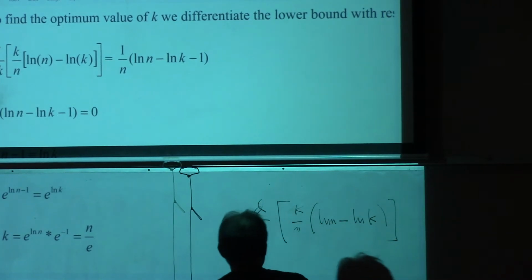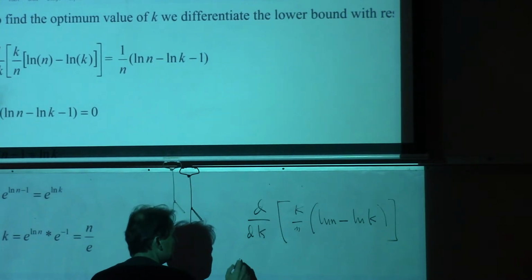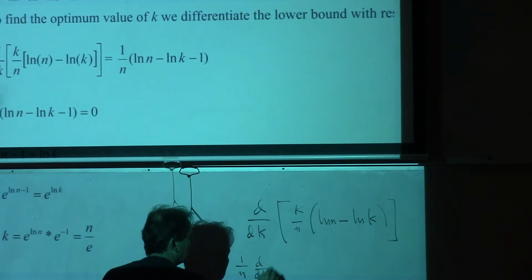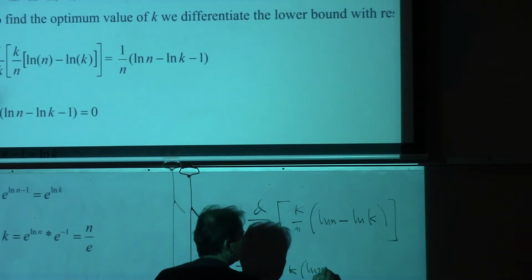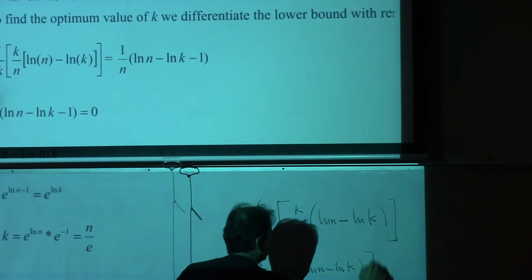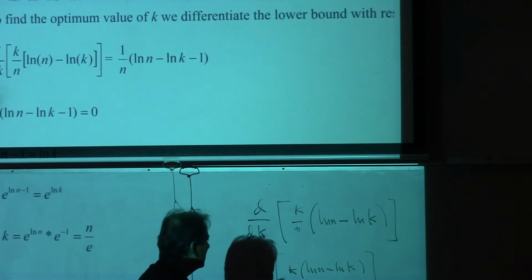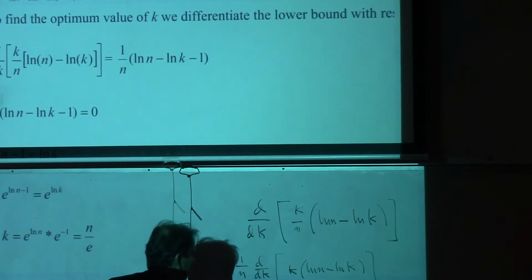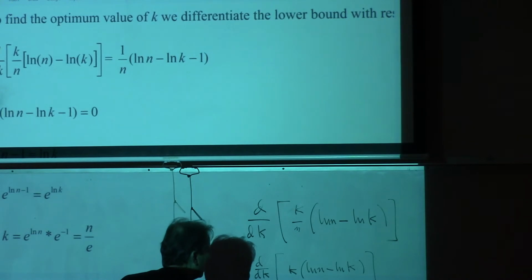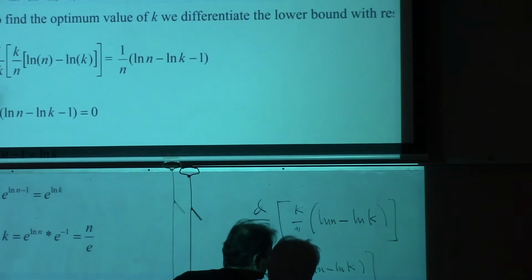Since we're differentiating with respect to k, this is really 1 over n times d/dk of k times natural log of n minus natural log of k. So we have 1 over n times the derivative of this product. Now we can multiply this k out, and that gives me 1 over n times d/dk of k ln n minus k ln k.